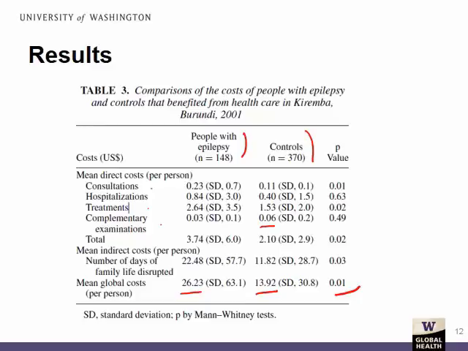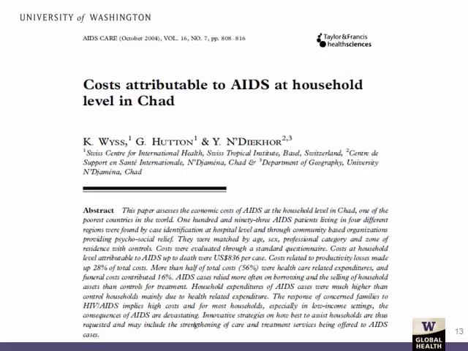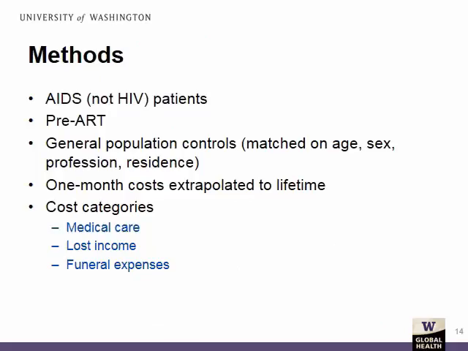The next example is the costs attributable to AIDS at the household level in Chad, and it's a paper that was reported in October 2004. The methods used in this paper were that first of all, the patients were AIDS patients and not HIV patients, and it was in the time period before the widespread use of ARVs, or antiretroviral therapy, or ART, and it was a general population control group.